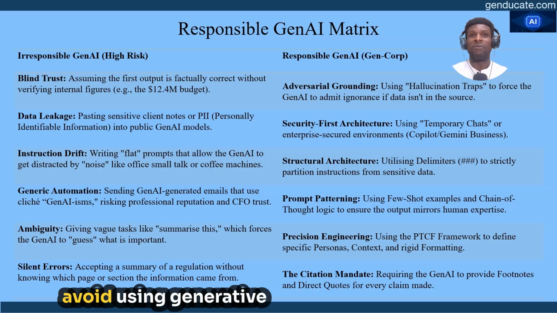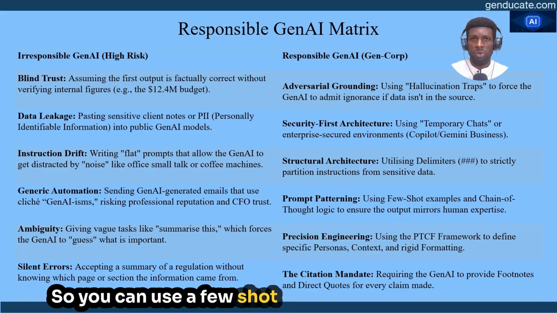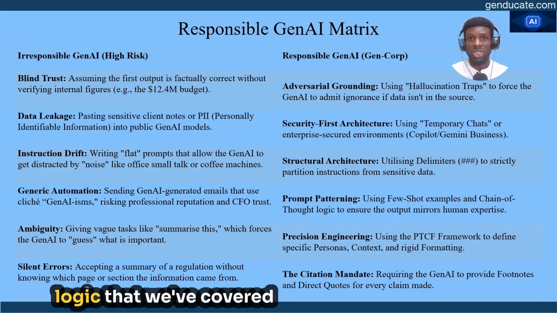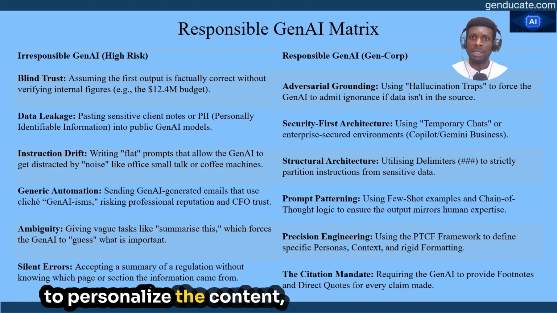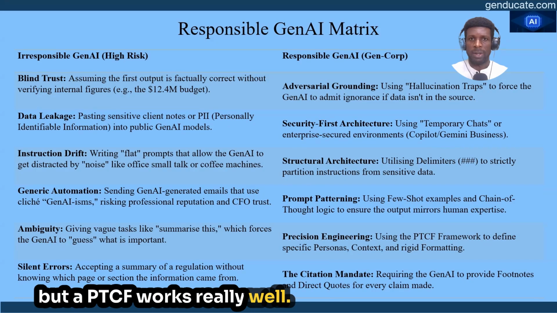The fourth one is to avoid using generative AI for generic emails, basically, or other content. So you can use a few short examples, chain of thought logic that we've covered to personalize the content, the emails. And the fifth part is to avoid vague prompts. So you can use a structure like the PTCF. There are other structures, but the PTCF works really well.